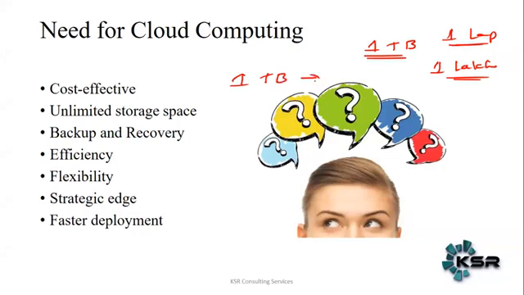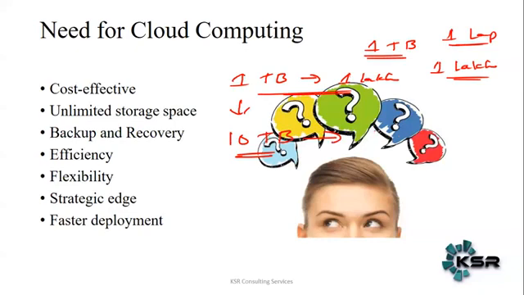So 1 terabyte I have stored in 1 laptop, which costs 1 lakh. Entire KSR data, assume that I am storing it on my personal laptop. Problem solved? Okay. Do you think my data is always going to be 1 terabyte? Never. Today's recording itself will go up to 5 GB. So my data will turn to 10 terabytes.